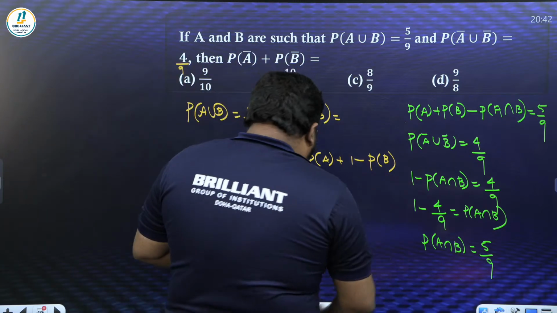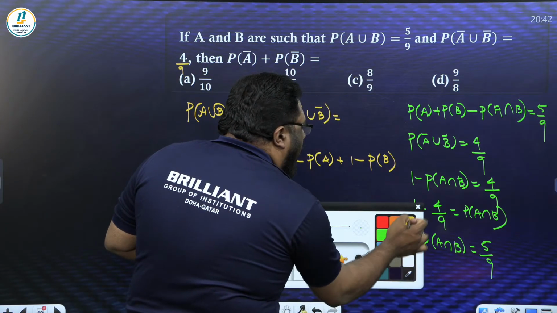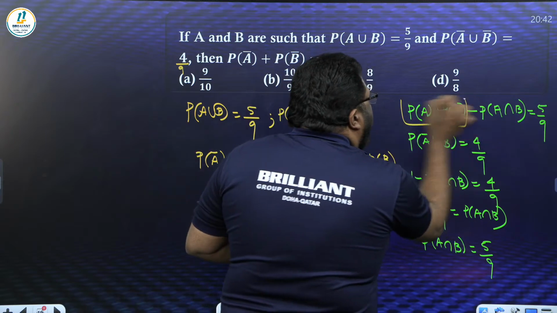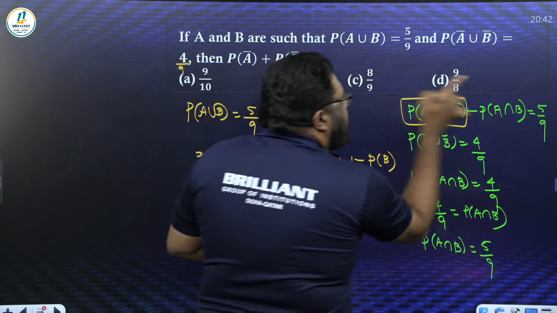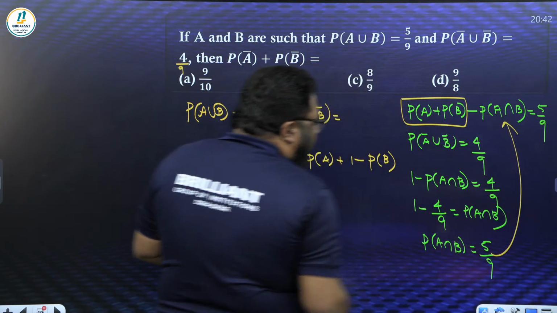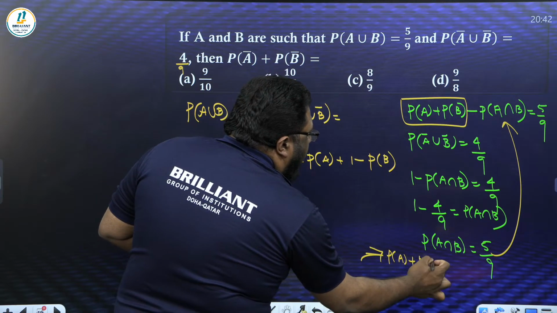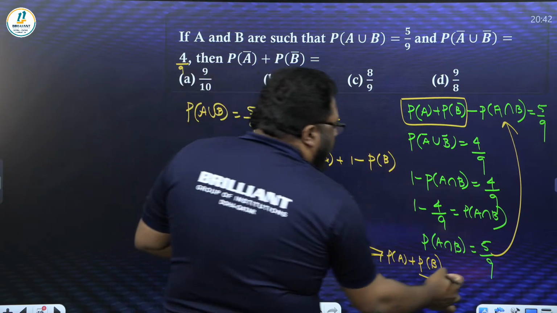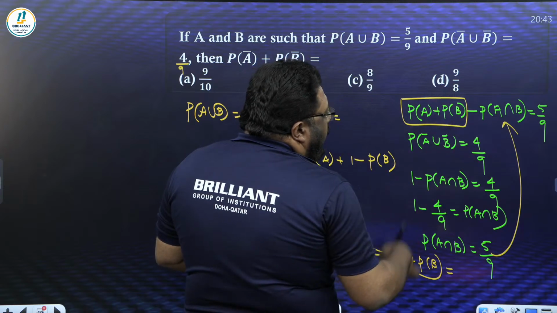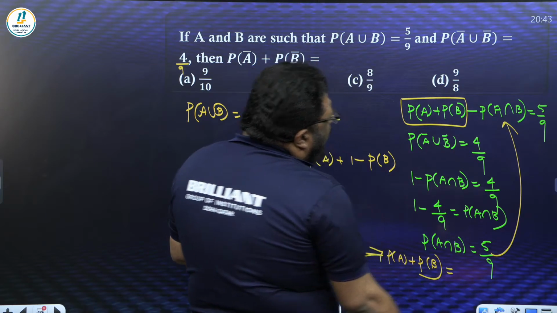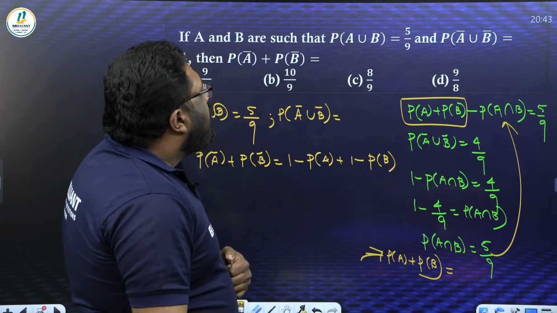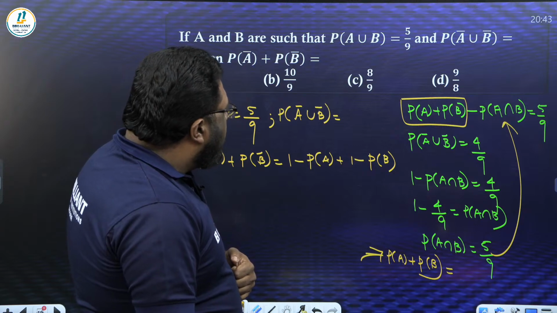So if I go to this expression now and substitute 5 by 9 here, I will get P of A plus P of B is equal to 5 by 9 plus 5 by 9. That's going to be a big number, right?